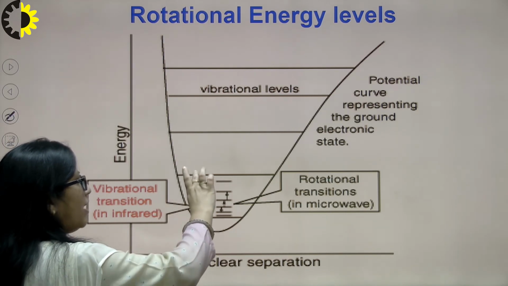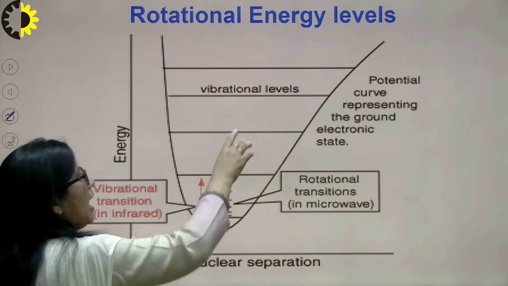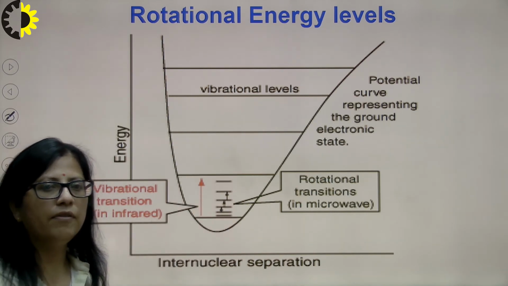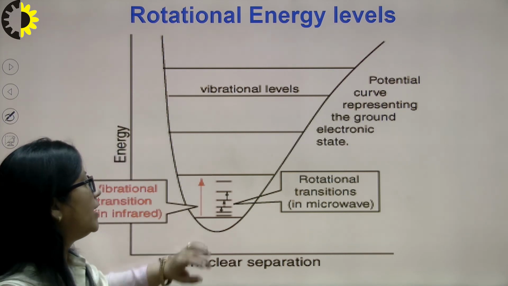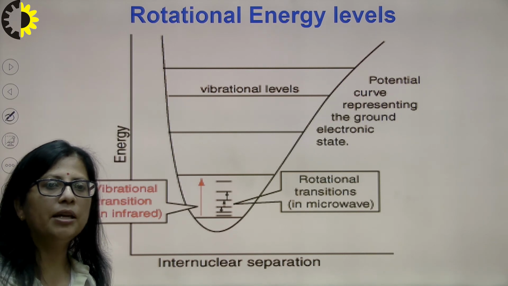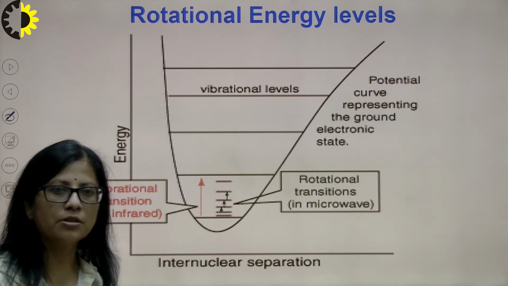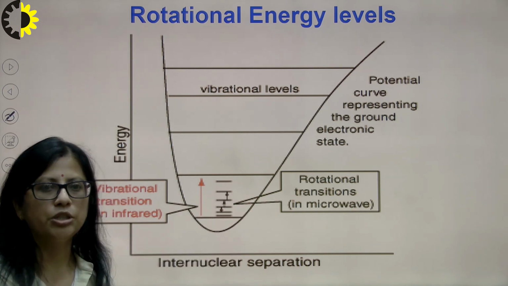These are the different vibrational levels, and in each vibrational level we can see a number of rotational levels. So, for each vibrational level there can be a number of rotational transitions which we can see in the microwave region.